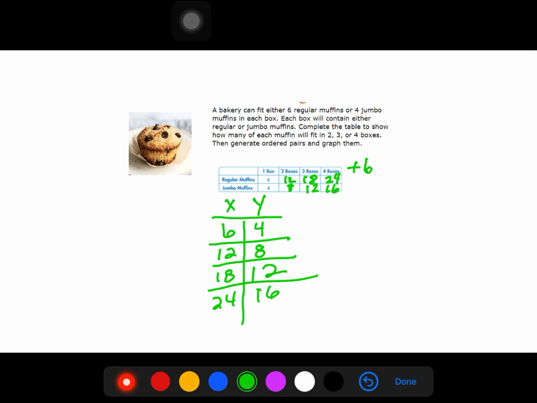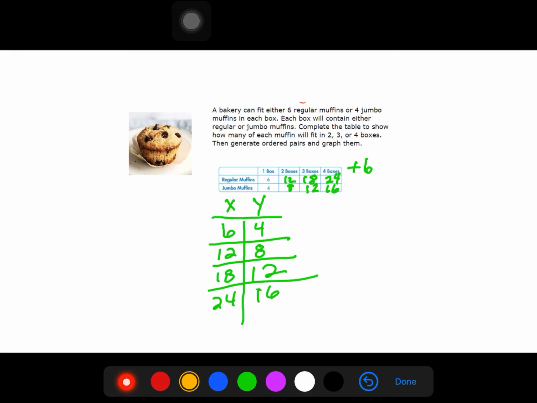Okay, and if I was doing a coordinate grid, I know that my X number is going to go all the way up to 24. I probably would do increments of maybe 2s because I want to be able to represent each piece of data here. I'm going to be running out of space a little bit.